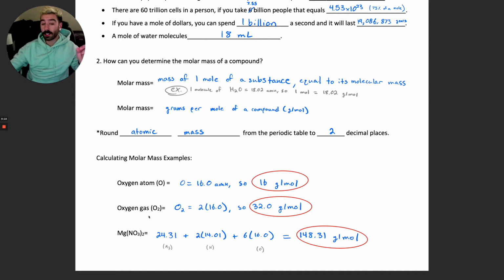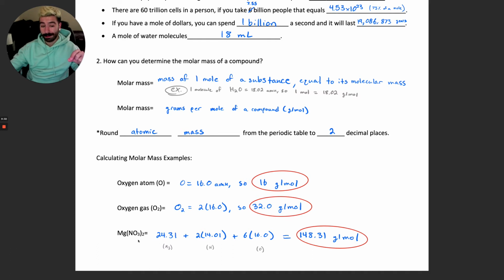If we have oxygen gas, O2, an O2 molecule would weigh 2 times 16.0, so 32 AMUs, and so it's 32 grams per mole.